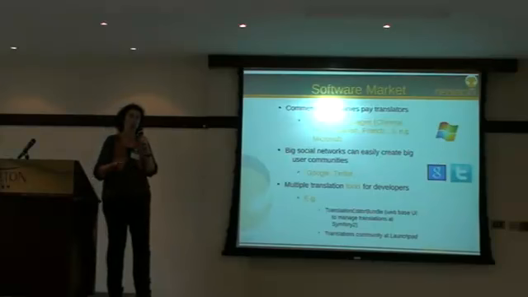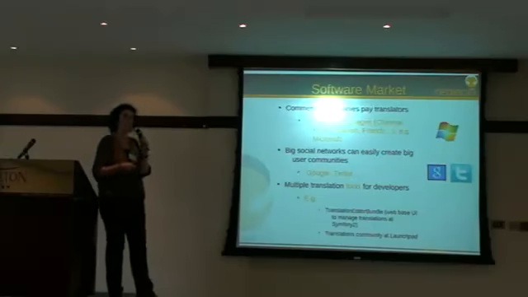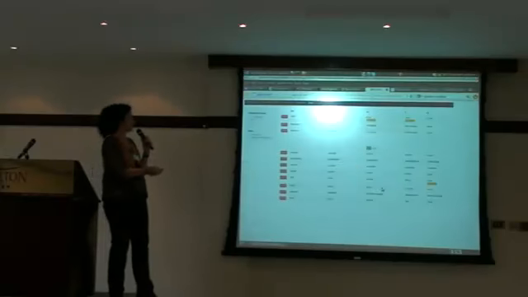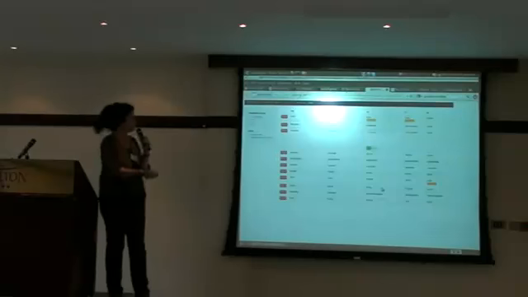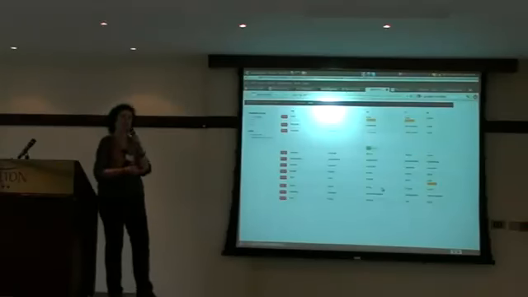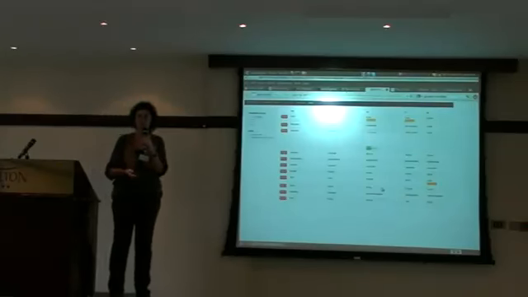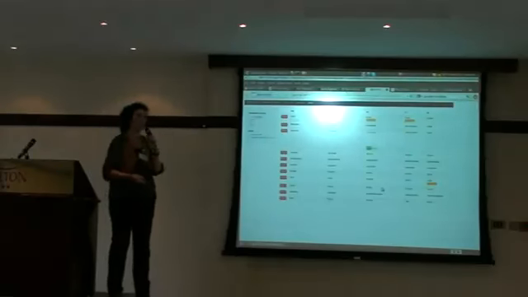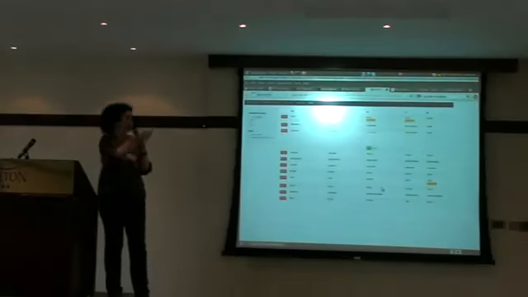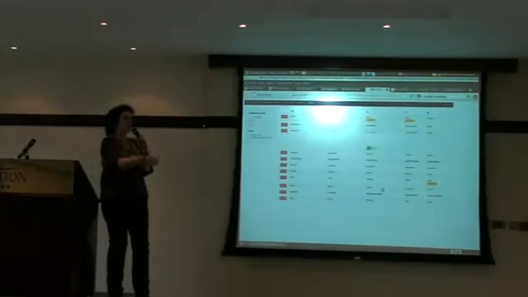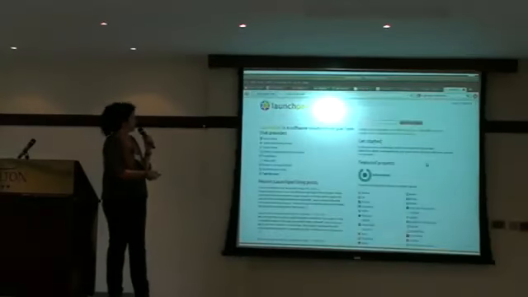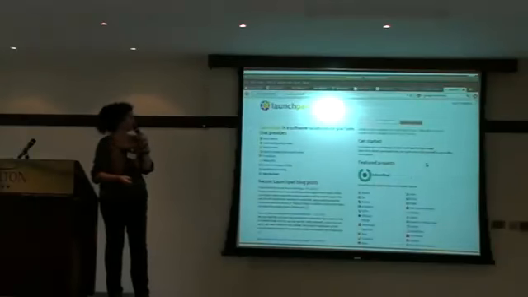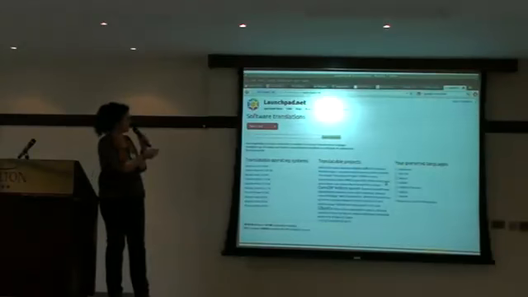Apart from that, we also studied the available tools for translation, and there are plenty of them. For example, for Symfony, we are using this, that is an interface to make life easier for developers. Then they can translate their text, the words of their interface, to different languages. Also, this forge, Launchpad, is a forge of projects that includes a section of translation.